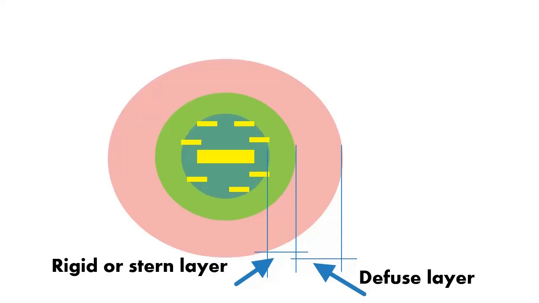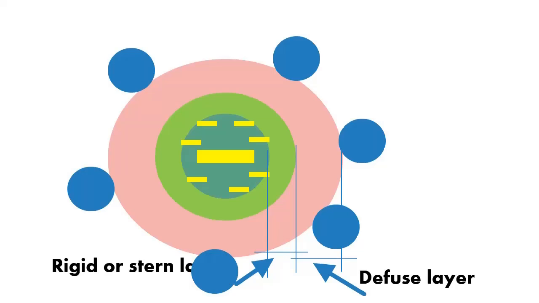Therefore, the colloidal particle, which has a large negative charge, has its potential decreased because of the stern layer and the diffuse layer. Now the colloidal particle is surrounded by a gum-like structure. That layer will attract smaller particles towards it. Understood?